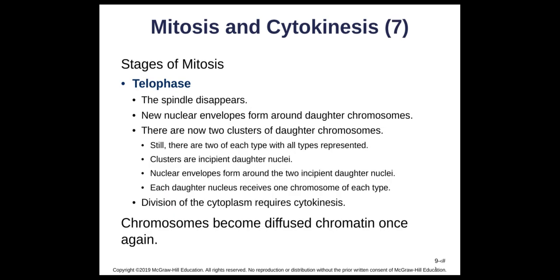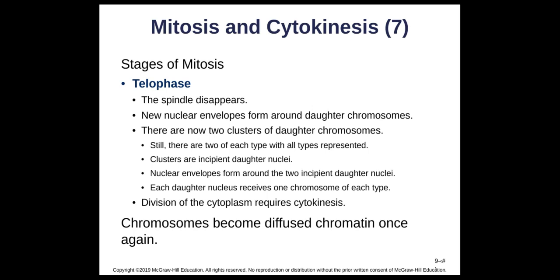Then you have telophase. Telophase is when those spindles will disappear because our chromosomes have reached the opposite edge of the cell. We're going to start to get a new nuclear envelope forming around those chromosomes. And now there are two definite clusters of chromosomes. You will still see that there are two of each type of chromosome, and this cluster is where this nucleus is going to form.